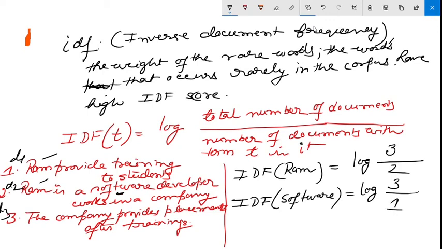Just tell me, log 3 by 2 base 10, how much does it come to? I think correct, 0.17. This is 0.17, this one, log 3. This is the final TF-IDF of RAM and software.